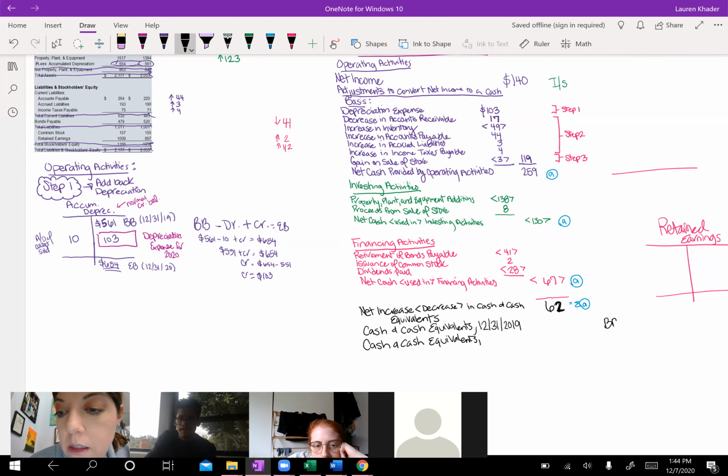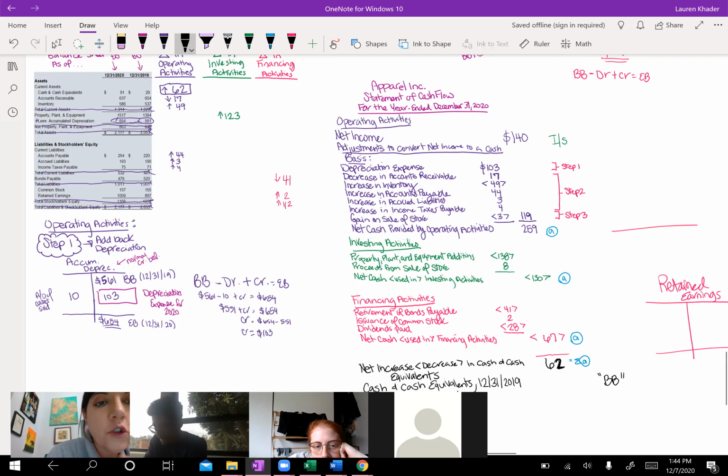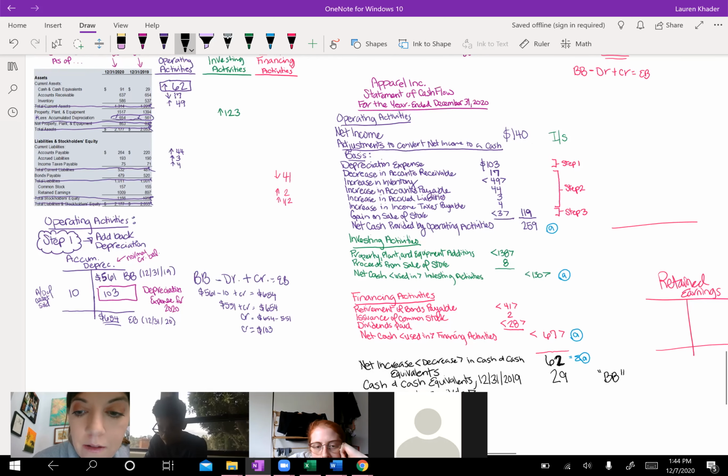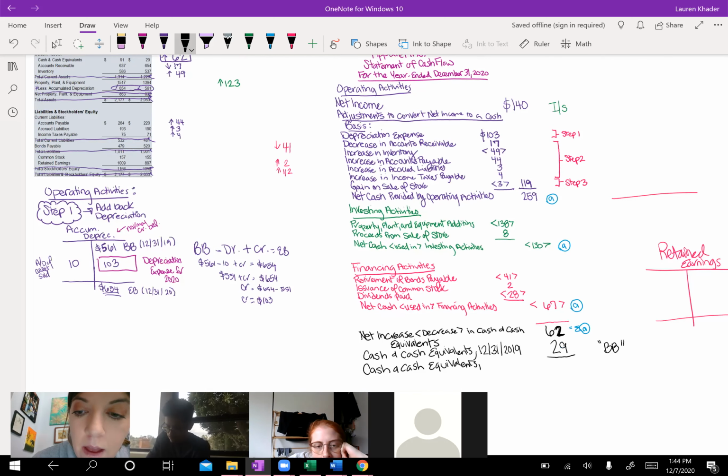So beginning balance, if you will, in cash of 29, which is the next line. And at the end of the year, we ended the year with an ending cash balance of 62 plus 29, because they're both positive numbers, 91.